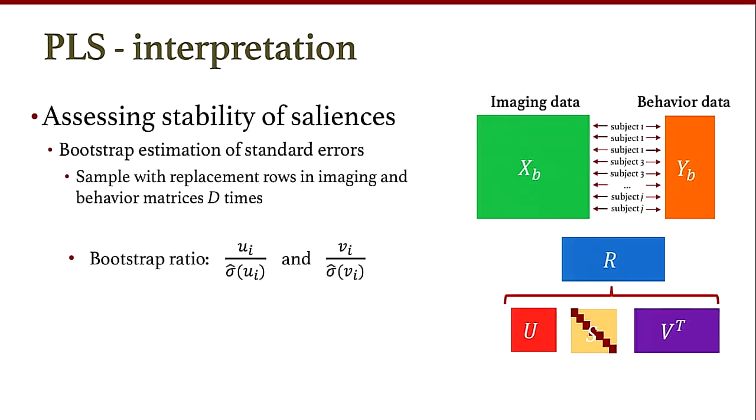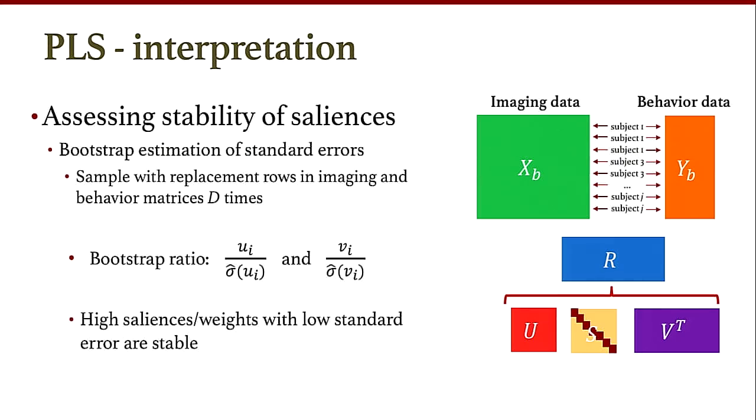In the end, you compute a bootstrap ratio, which is the salience of each connection and of each behavior divided by the standard deviation of this salience, and you get some sort of z-score. This way, the connections and the behaviors that have a high weight or high salience and also a low standard error are considered stable.